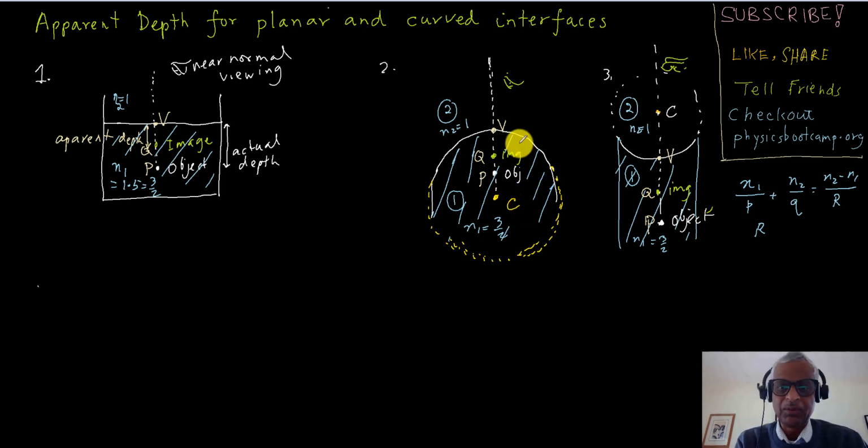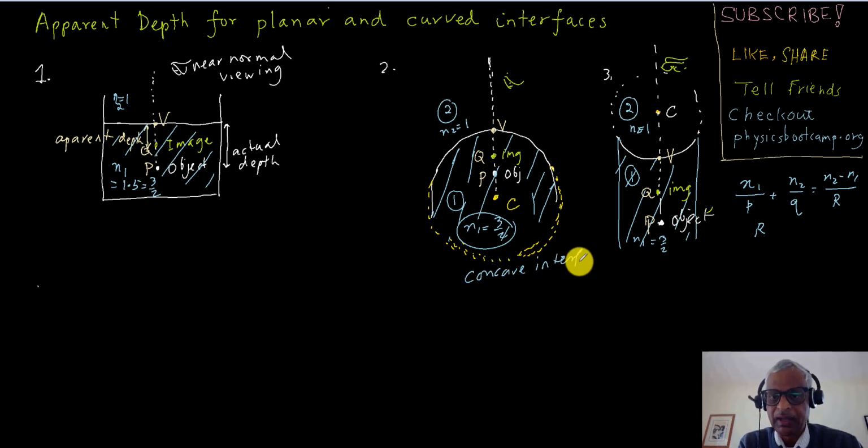If I look from here at this object, from the object side, the interface is concave. So this looks like it's bulging out. But from the object's perspective, from medium 1's perspective, if you go there, you hit a hole. So this is a concave interface, and that's one of the main mistakes people make.